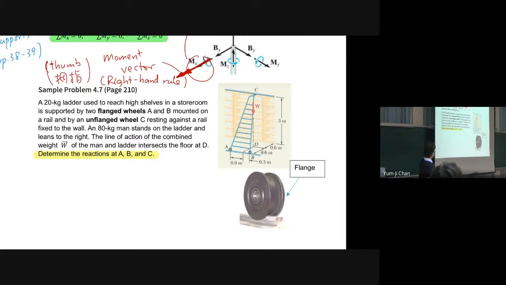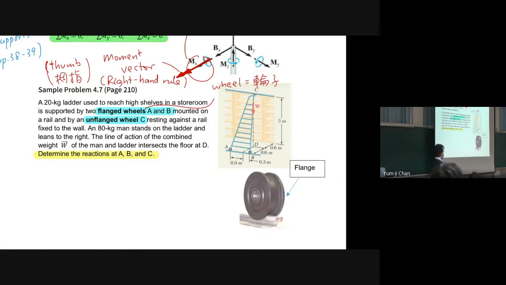Now the second thing is that we have two terms: flanged wheels A and B and flanged wheel C. I assume you know what a wheel is, but let me write it down.